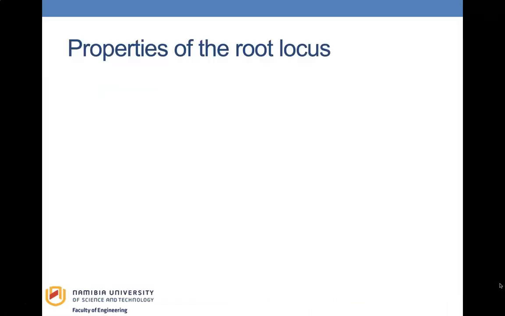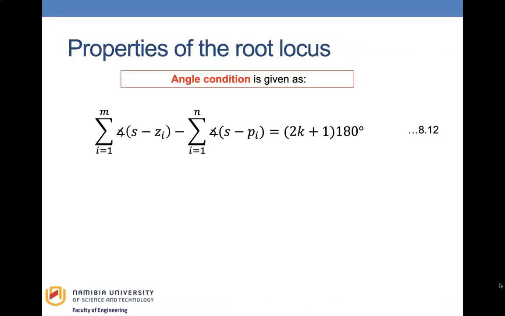The angle condition, represented by equation 8.12, which is the same as equation 8.7, indicates that given the poles and zeros of the open loop transfer function, a point in the s-plane is on the root locus for a particular value of gain k, if the angles of the zeros minus the angles of the poles, all drawn to the selected point on the s-plane, add up to (2k+1) multiplied by 180 degrees.